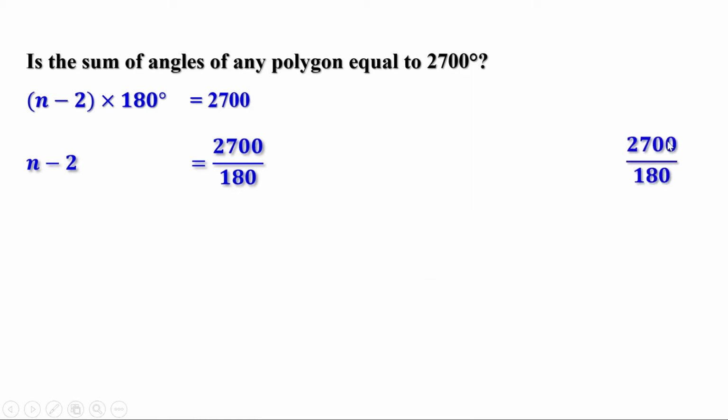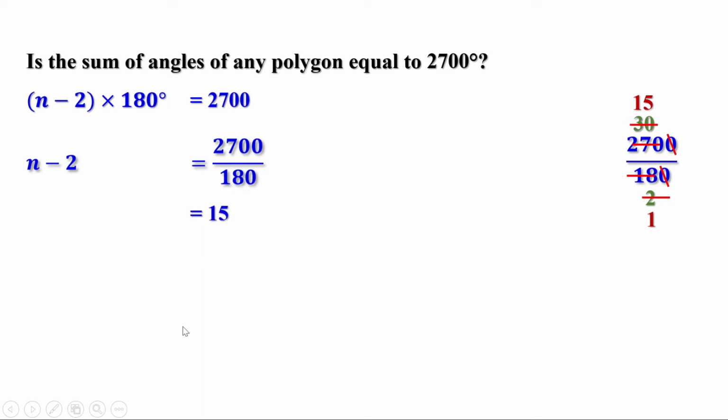Let us simplify it. One 0 from numerator and denominator can be cancelled. Then we get 270 divided by 18. 2 nines are 18 and 3 nines are 27. Therefore, 30 nines are 270. 1 two is 2 and 15 twos are 30. So we get 15 by 1, that means 15. Therefore, n minus 2 equals 15.